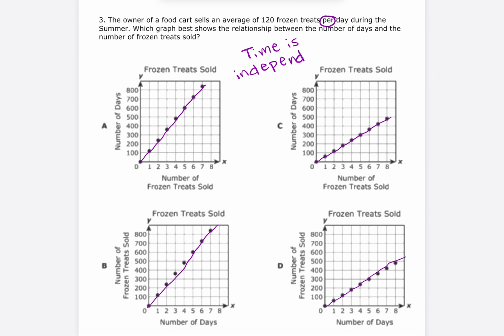It is my X. So if I am looking at my X, it needs to have time or a type of time. So is the number of frozen treats time? No, that's food. So A is a joke, just because time is not on my X.